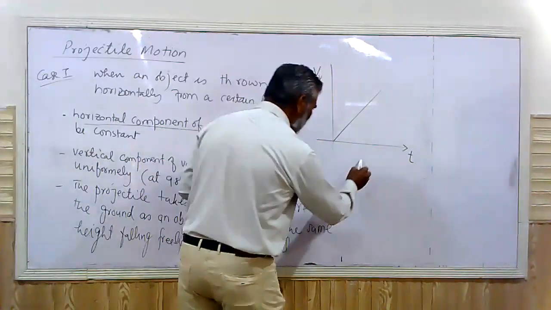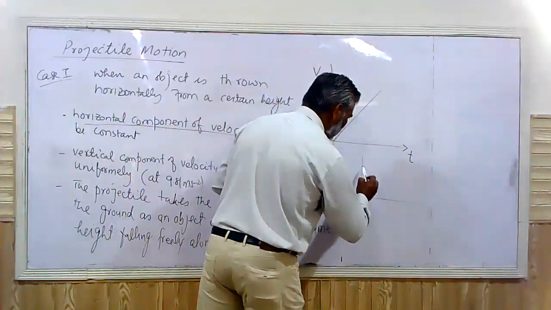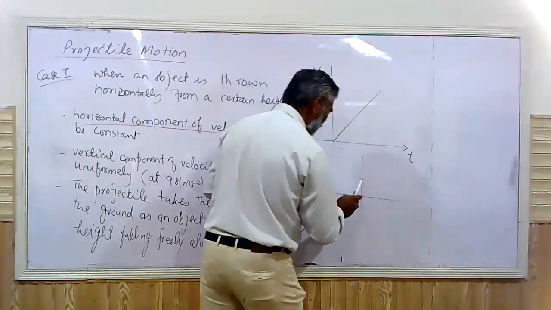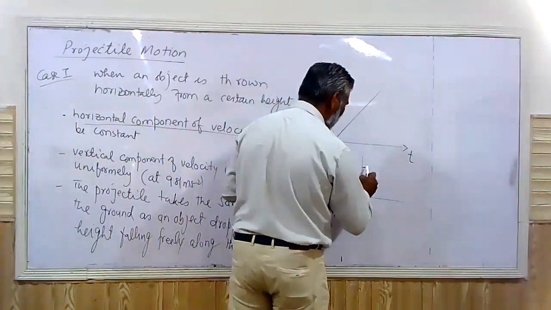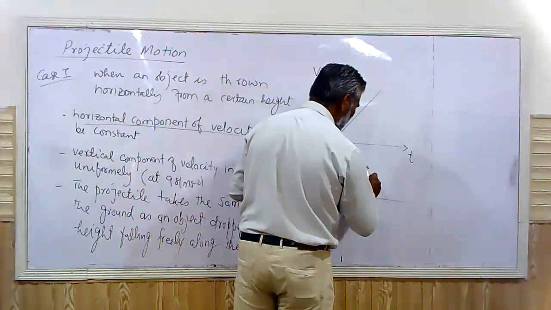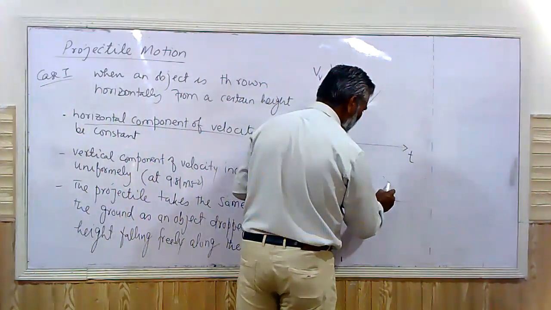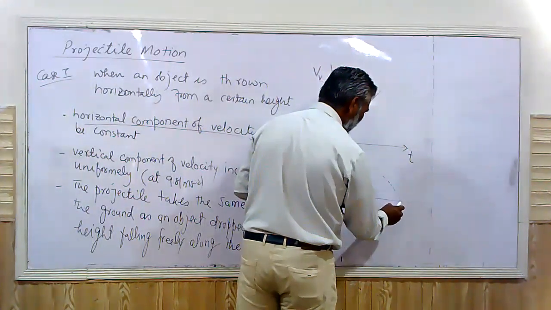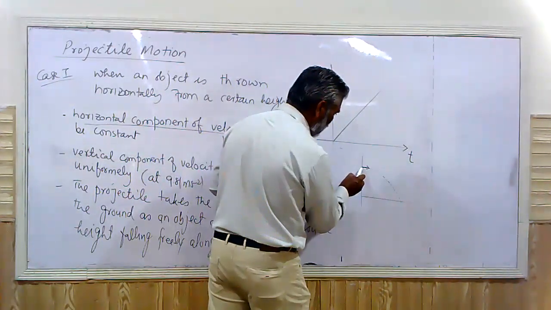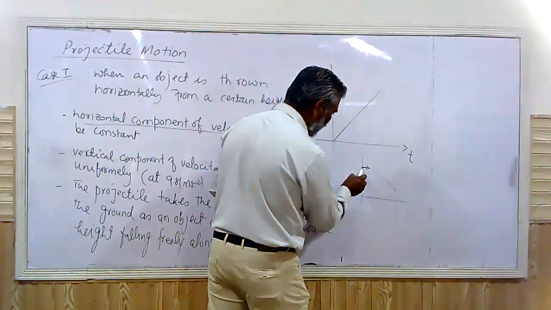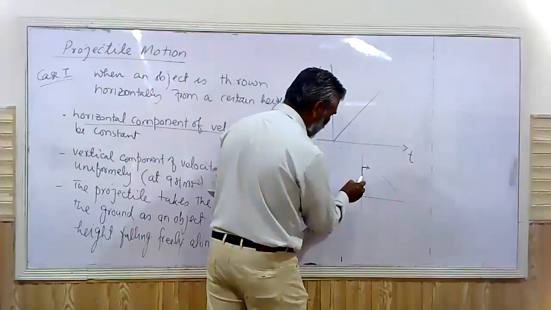Which means, let me show with the figure again. Suppose you have thrown that object from this height. This object, of course, takes this path and it hits here. And at the same time, you have allowed an object to move freely in this direction.